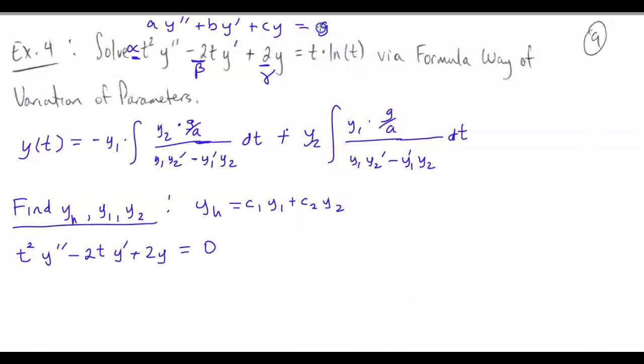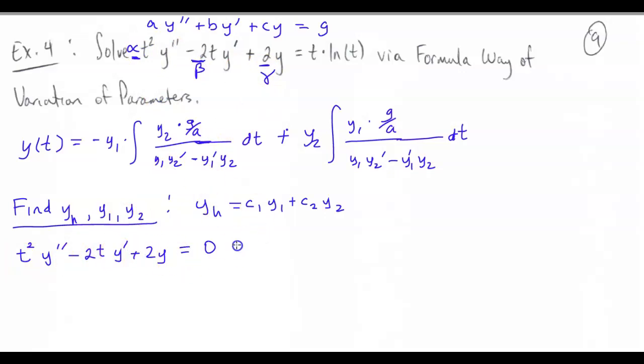So we need to make sure that we specify that, because we're going to use this whenever we use this formula here, but we're going to be using the alpha, the beta, and the gamma whenever we solve the homogeneous equation here.